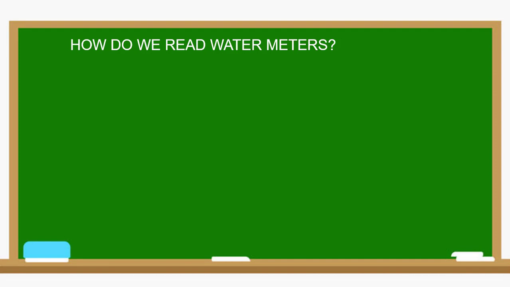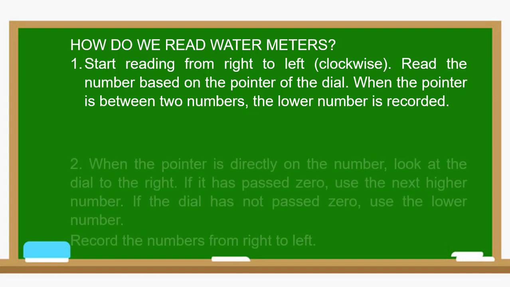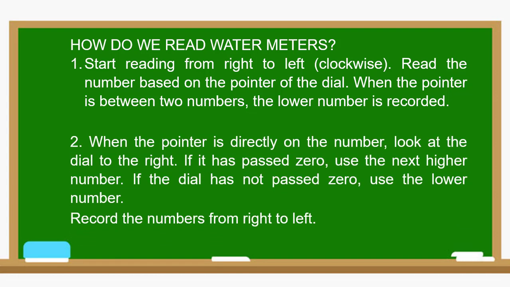How do we read water meters? Number 1. Start reading from right to left, clockwise. Read the number based on the pointer of the dial. When the pointer is between two numbers, the lower number is recorded. Number 2. When the pointer is directly on the number, look at the dial to the right. If it has passed 0, use the next higher number.